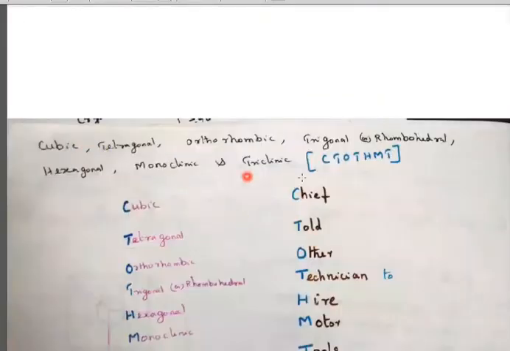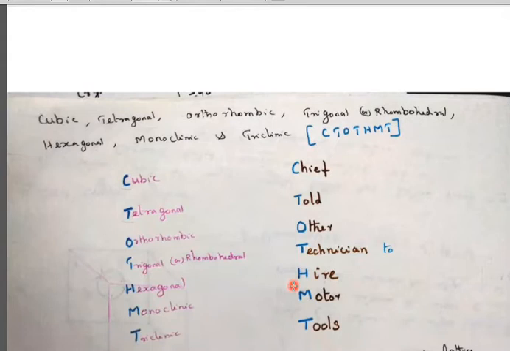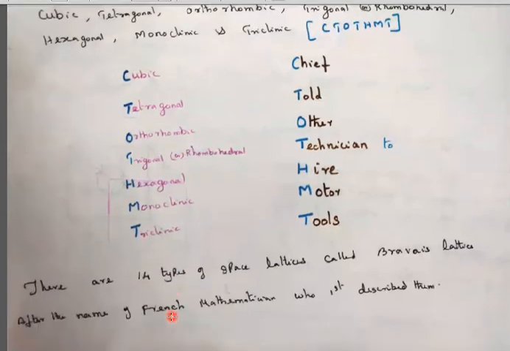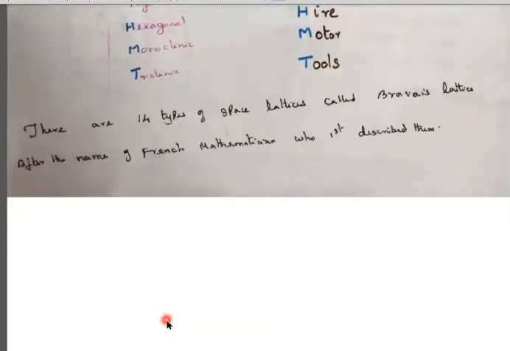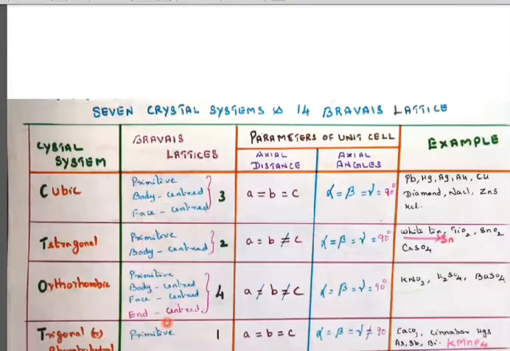So here I have given CTOT HMT. Please remember: Chief told other technician to hire motor tools, for cubic, tetragonal, orthorhombic, trigonal or rhombohedral, hexagonal, monoclinic and triclinic. The examples of cubic are lead, mercury, gold, silver, copper, diamond, sodium chloride, zinc sulfide, and potassium chloride.